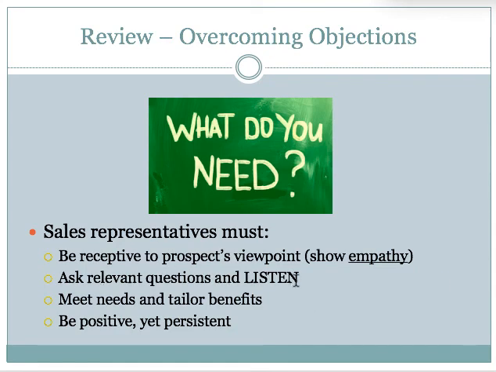Always asking relevant questions and, again, listening, making sure you're taking in information because that information is going to be invaluable to you when you're trying to overcome those objections. And then, again, trying to be personal and trying to customize, right? So doing everything you can to meet those needs that you've identified and then hopefully tailoring the benefits to meet that particular prospect's needs.